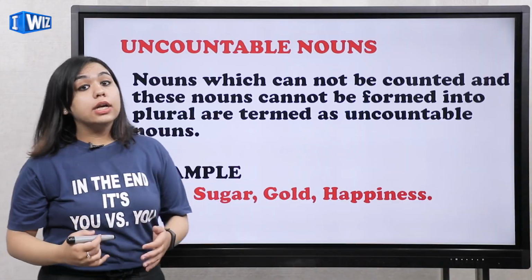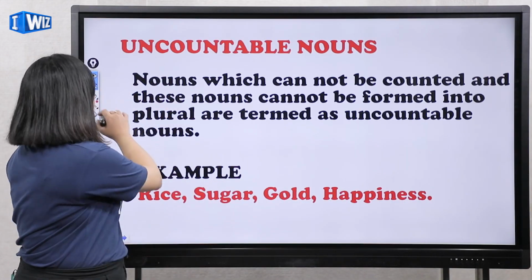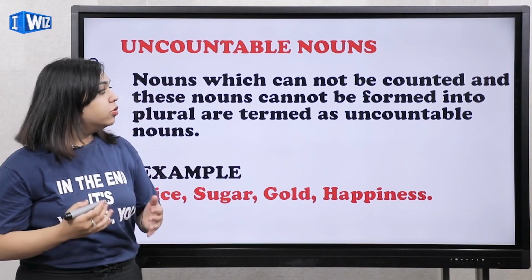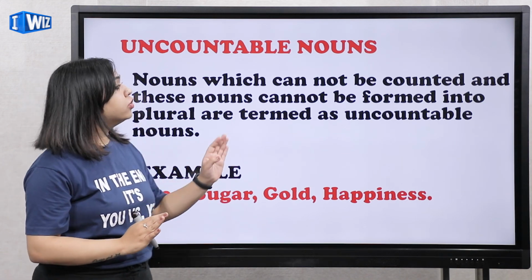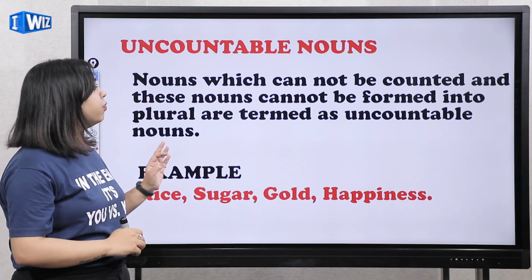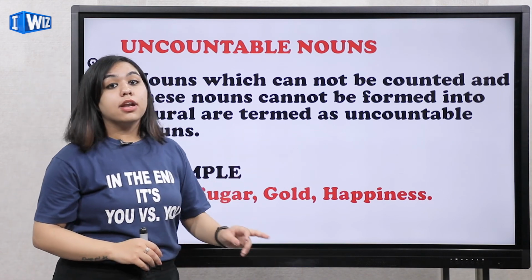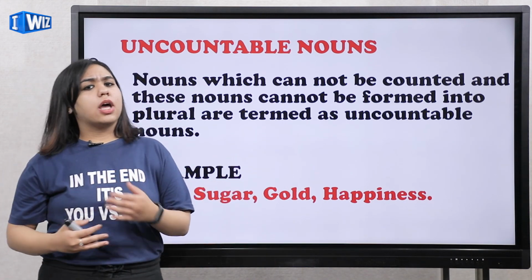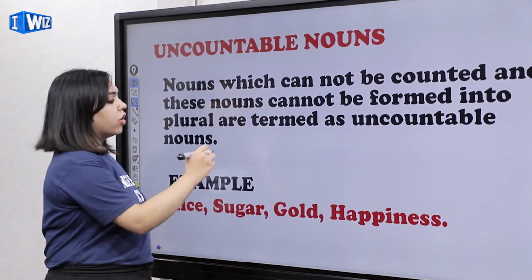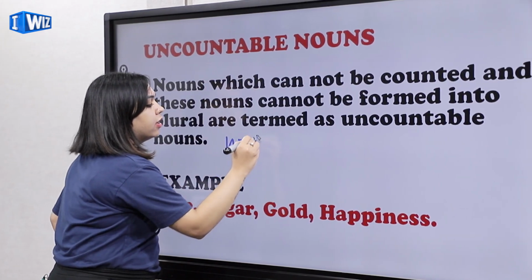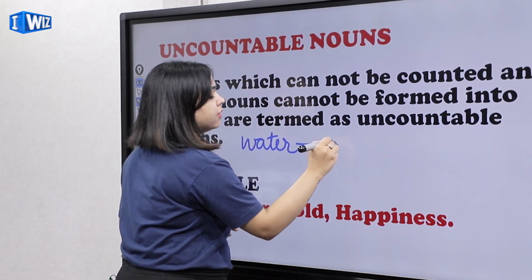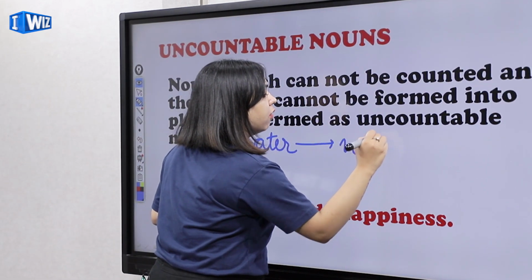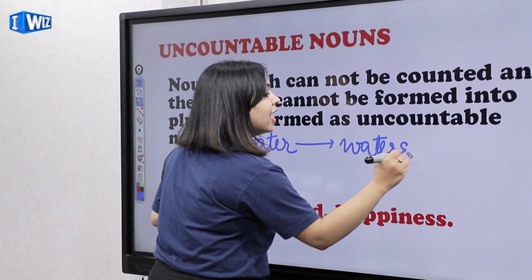Talking about uncountable nouns, it's very important. Listen to them carefully. The nouns which cannot be counted, and cannot be formed into plural, are termed as uncountable nouns. Just come to think of it. If I cannot count water, can I make it waters as a noun?